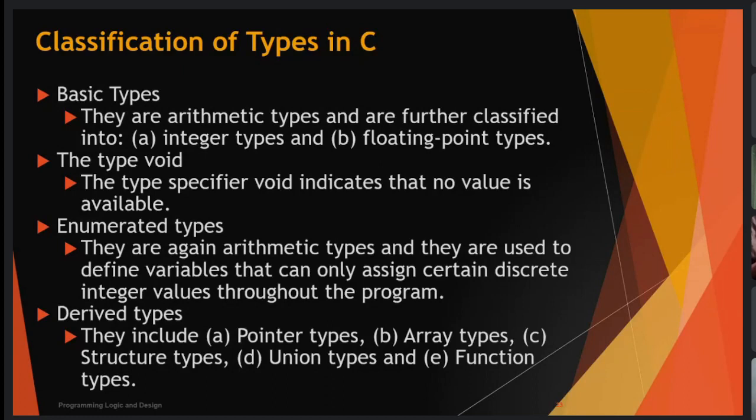Then you have the void. The void that we used earlier is a type used in C which means nothing, no value. Now, there are also advanced topics that we will encounter later on, called enumerated types.